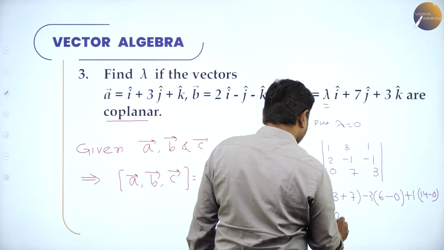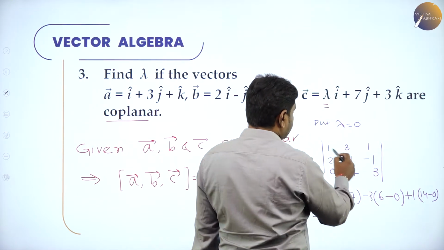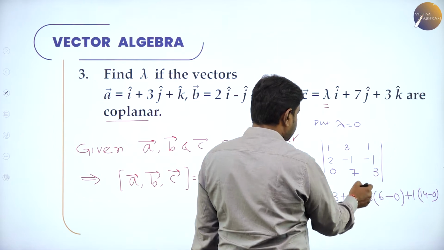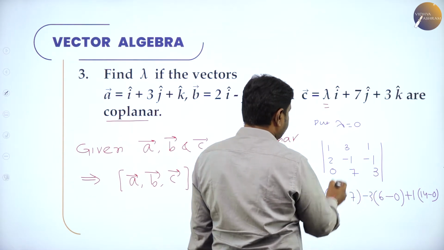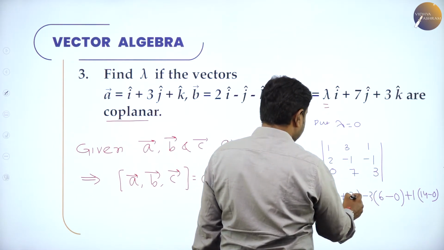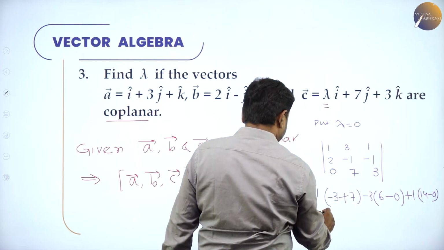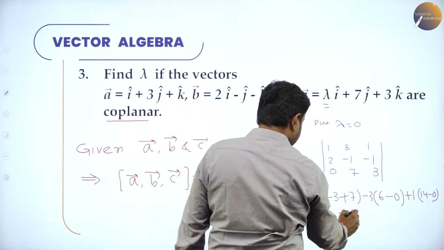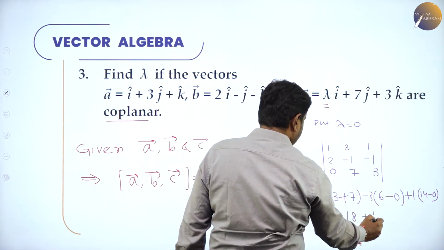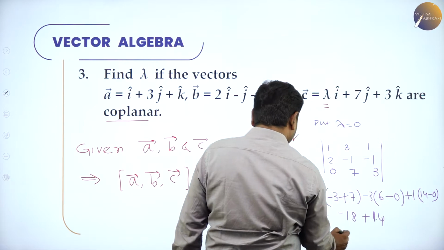So first one 3 minus 3 is minus 3, minus 3 minus 7, minus 3 plus 7, 7 minus 3 is positive 4, minus 18 plus 14. So 14 minus 14, you will get 0.